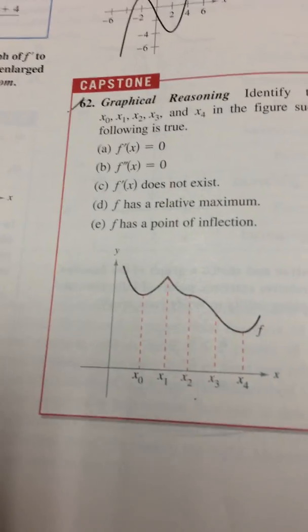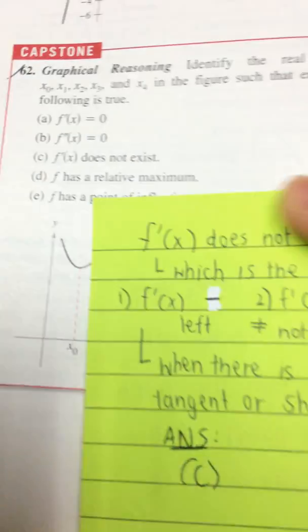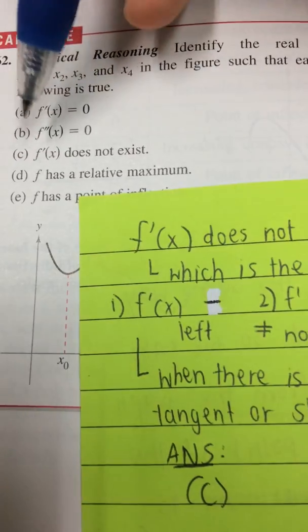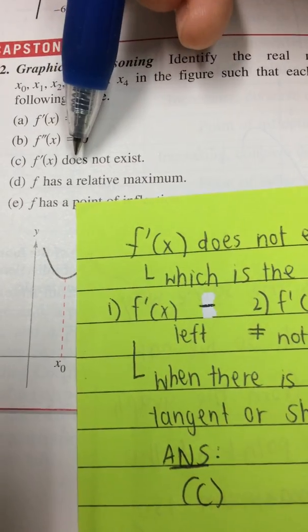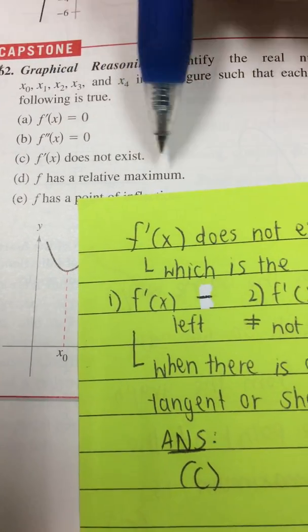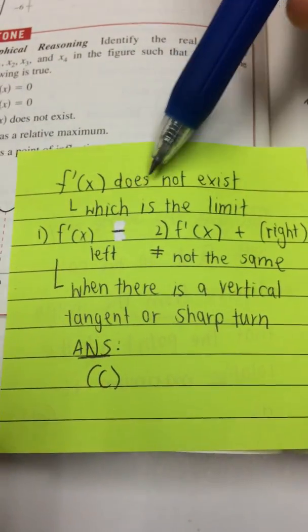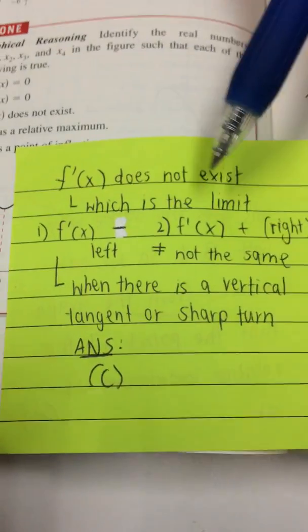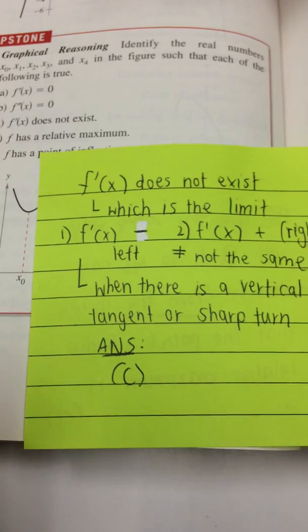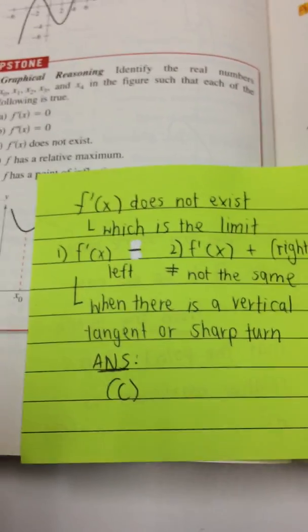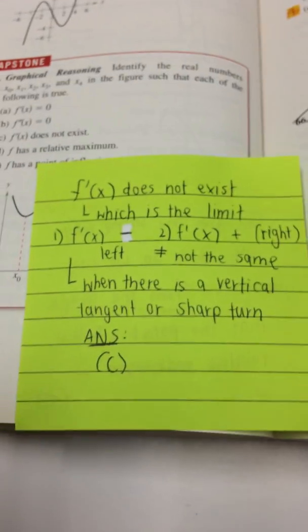And now let's move on to question C. Question C asks us which point is at f prime of x where f prime of x doesn't exist. So where f prime of x doesn't exist, which means that the limit isn't the same, right? The limit from the left and from the right isn't the same.